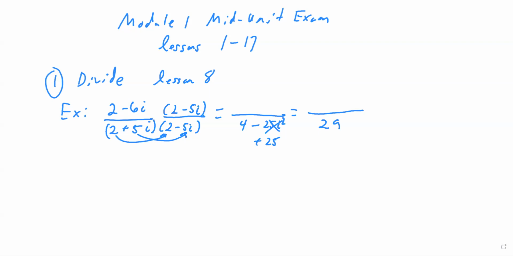Now, on over here, you actually have to FOIL this part out. So we do 2 times 2, 4. 2 times negative 5i. Negative 6i times 2.